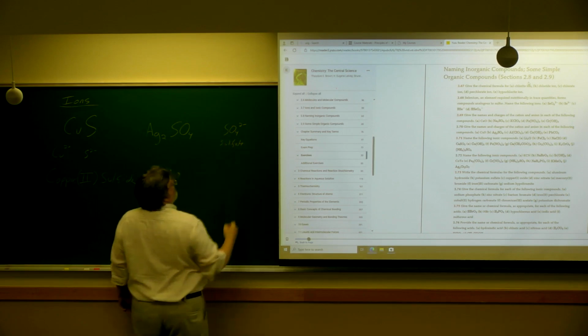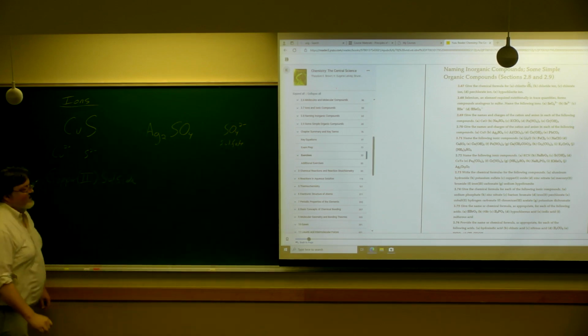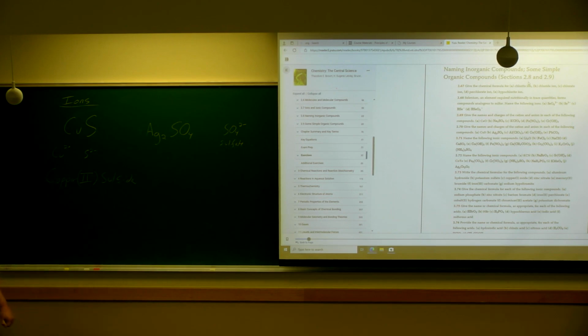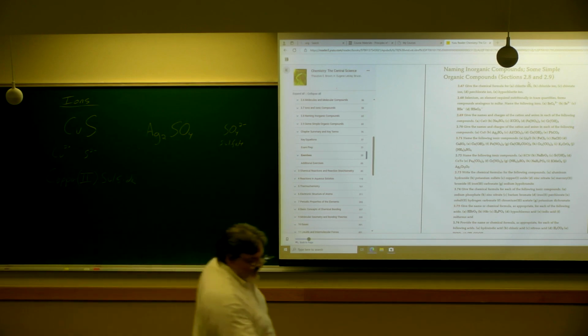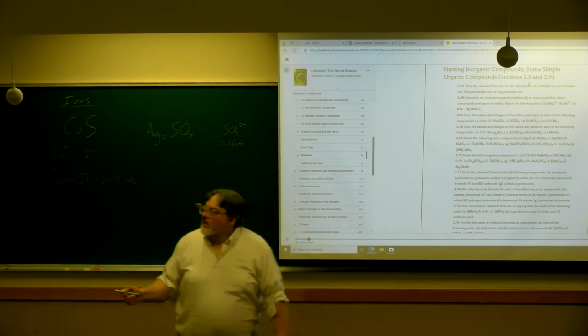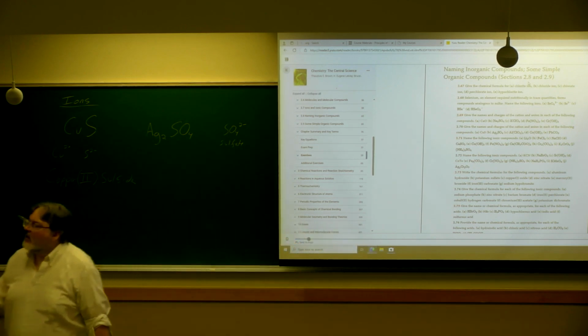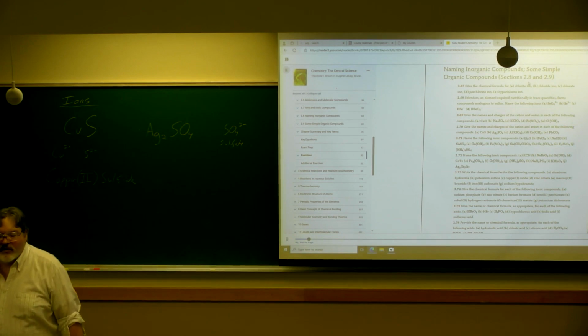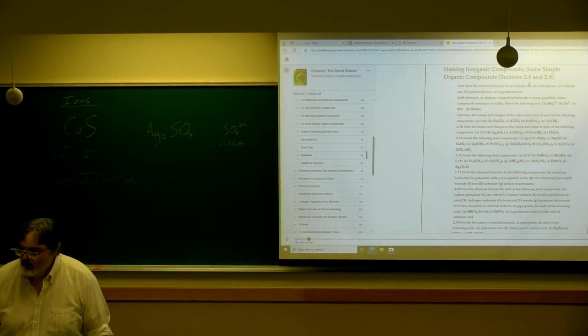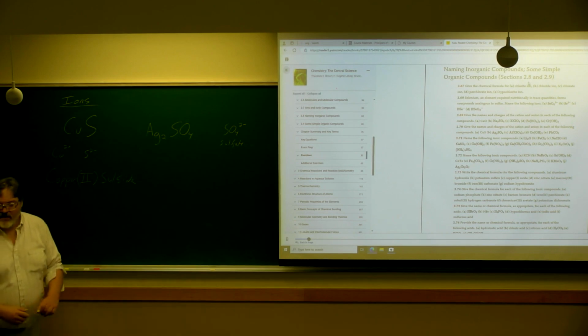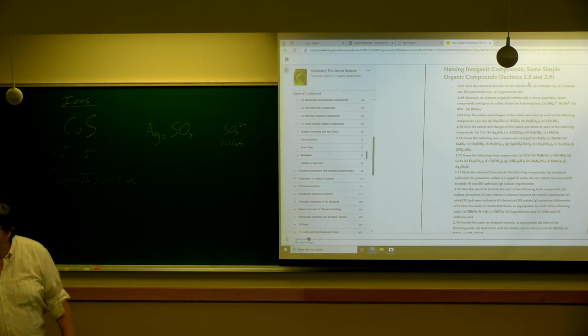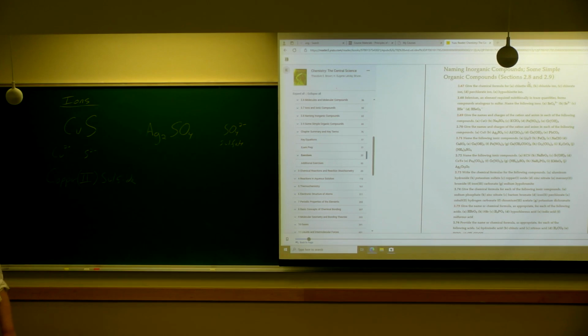You've got that in your notes. SO4 is 2 negative and it's called sulfate. So what would you call this? Ag is down here. Ag is silver. So what area on the periodic chart is it? Transition metal, so the charge is unpredictable.